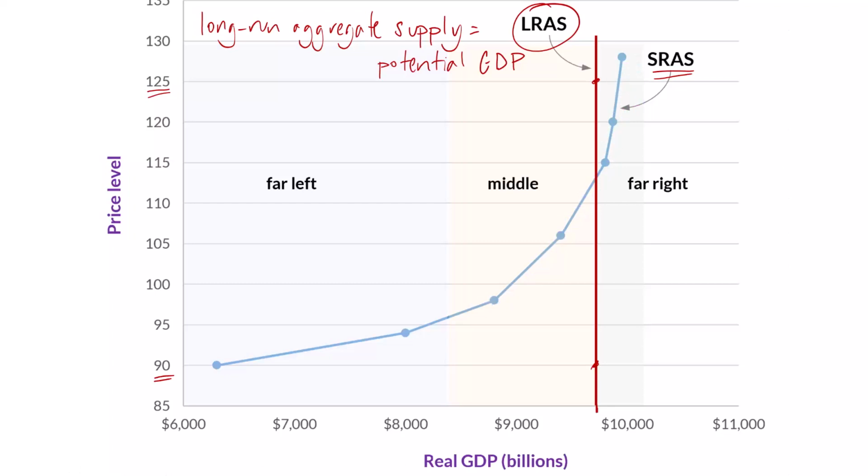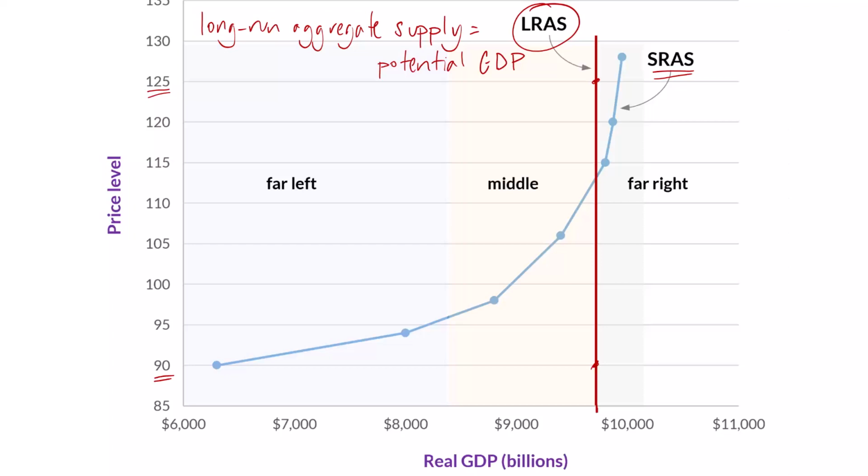So you'll see that down here on the far left, it's not very steep at all, almost flat. Up here on the far right, it is very steep, almost vertical, and then in the middle, it's just in between. Okay, so the reason for this has to do with how far short-run aggregate supply is from long-run aggregate supply, that is potential GDP.